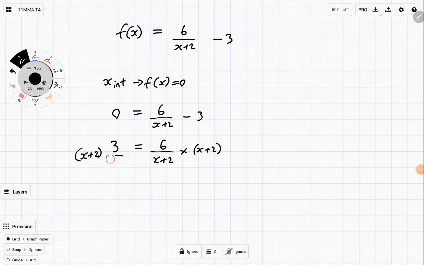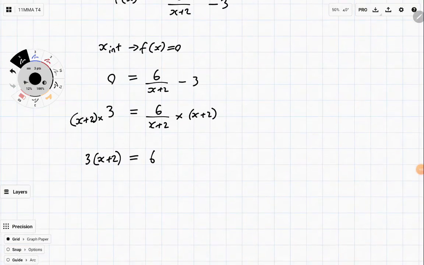Now we're going to get 3 times x plus 2 on the left-hand side, and on the right-hand side we get 6. Now we could expand the brackets, or alternatively, we can just divide both sides by 3, which leaves us with x plus 2 by itself now. Get rid of the brackets. And 2 minus 2, we get x is equal to 0.